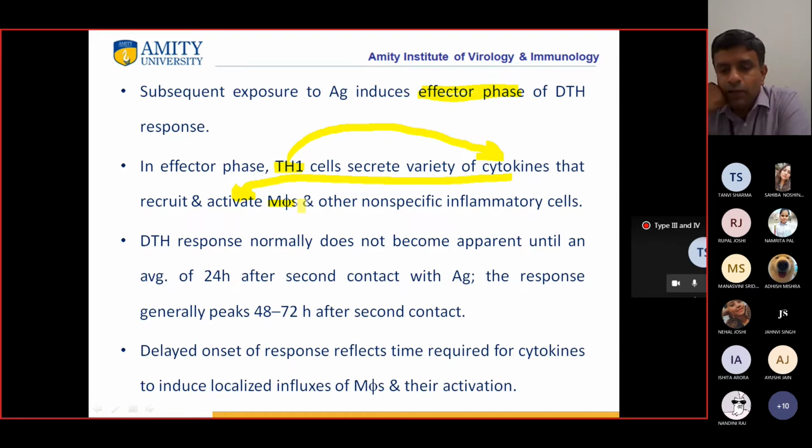Okay, so delayed onset of response reflects the time required for cytokines to induce localized influxes of macrophages and their activation, right? So why there is delay? Because the whole process is getting activated. Cytokines निकले, cytokine cells को activate करेंगे, and all that process will take some time.